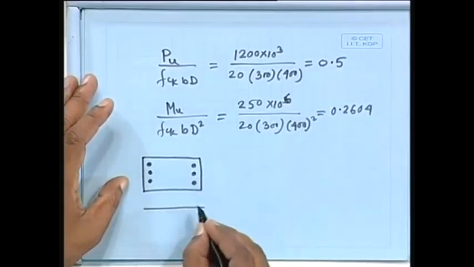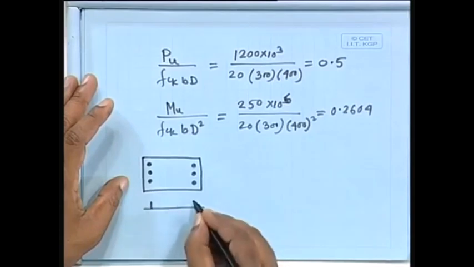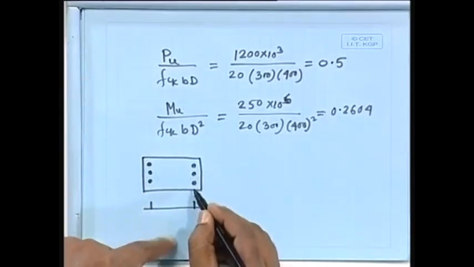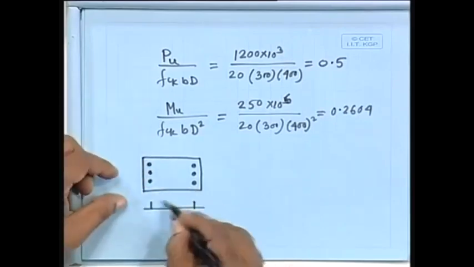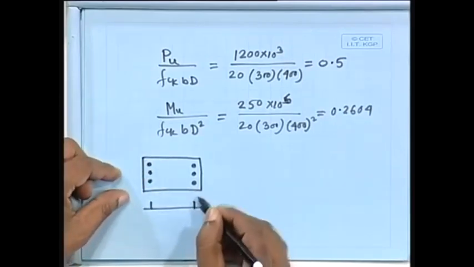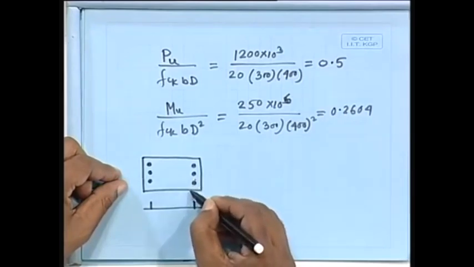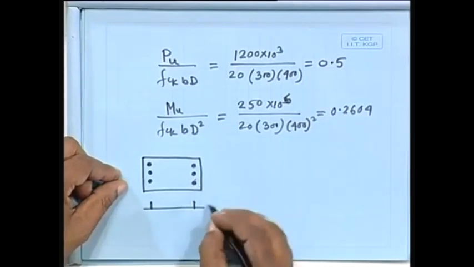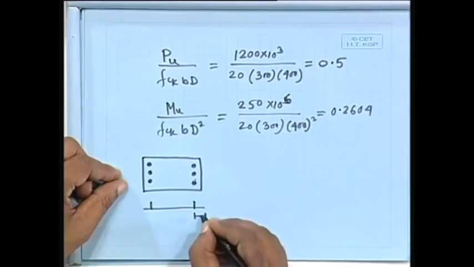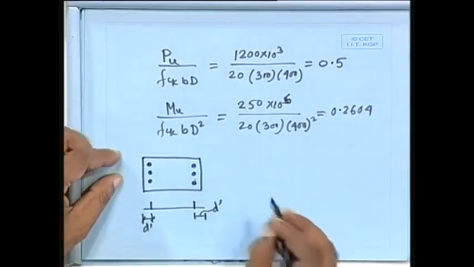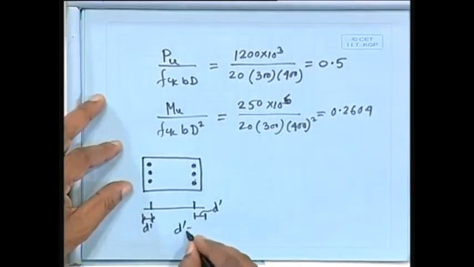The strain in the steel, or in other words the stress you have to compute on the basis of the strain. Let us say this strain also you have to find out, and then accordingly you have to find out the stress, and where it is at a distance d dash. What is d dash? d dash is the effective cover. So d dash is effective cover.